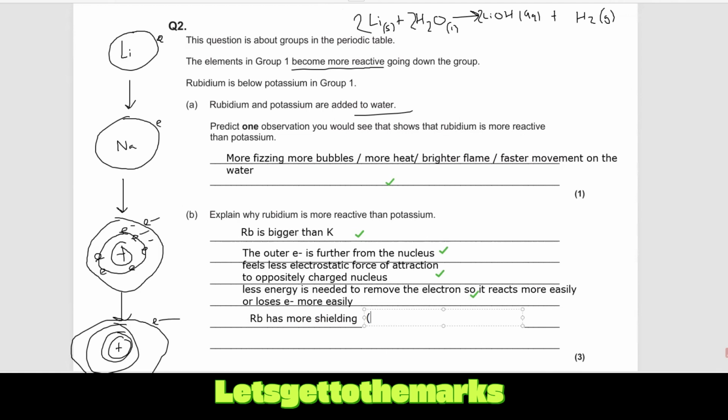You wouldn't have to go and do this explanation, but more energy shells block the attraction to the nucleus. They don't really block it. They repel the outer electron further away. It's more complicated than all of that. So you can just say more shielding and get a mark for that as well. Now, of course, you can't have 6 marks for this answer. You've got to only take 3, but there we go. Let's move on.